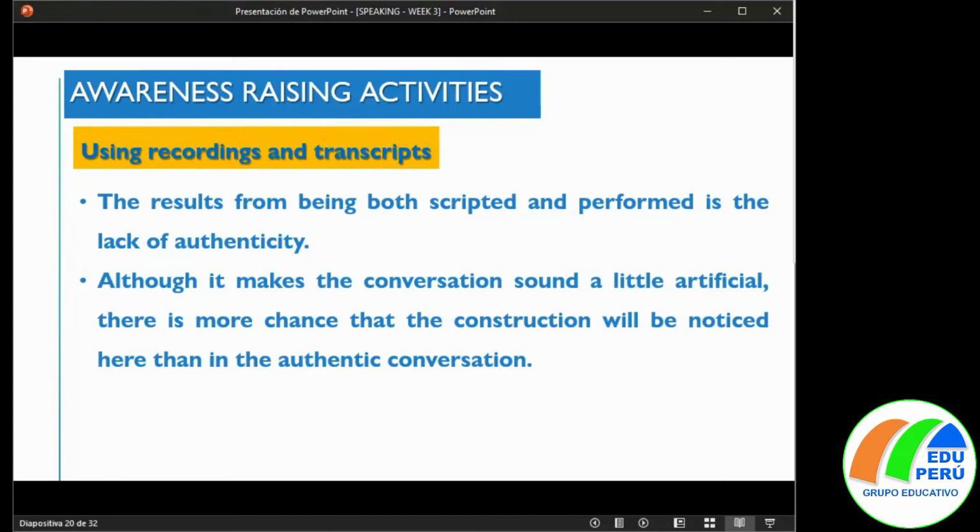Because in an authentic conversation, maybe this conversation has a lot of structures, a lot of vocabulary, just a few vocabulary items that you want to show, or maybe one example of the structure that you want your students to notice, so it's not so adequate. But if you create, you insert your own conversation with several examples of the structure that you want your students to notice, it's better, right? It's going to be easy for them to notice this. All right?